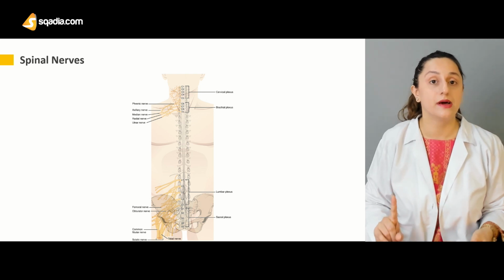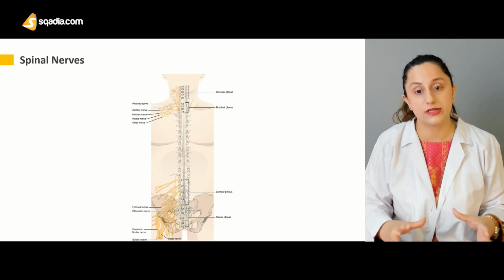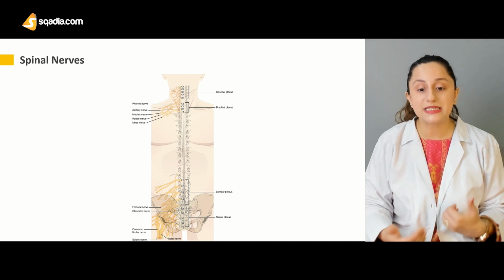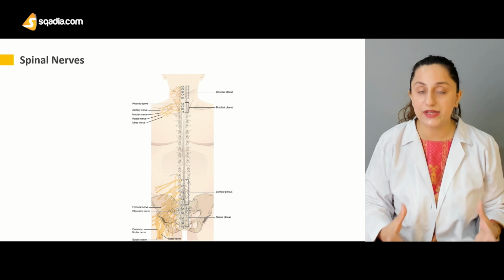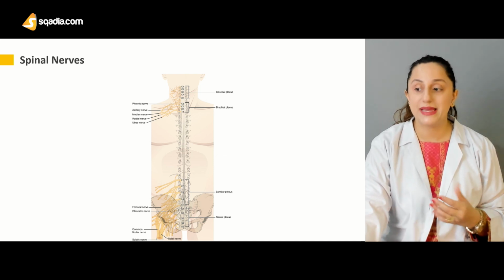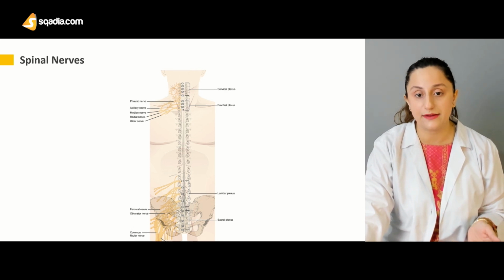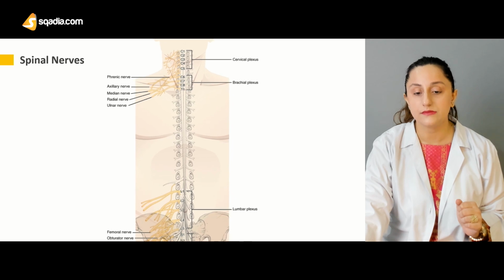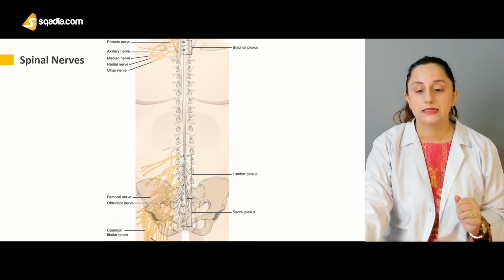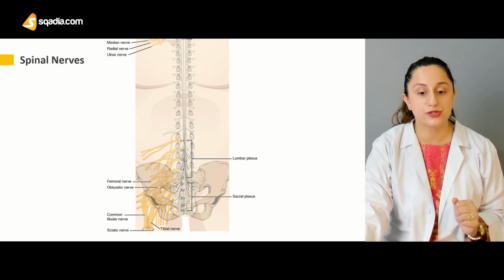Again, you must remember that we studied the enlargements of the spinal cord, and these were due to the amount of innervation at that particular level, which determines the maintenance of these enlargements in the spinal cord.